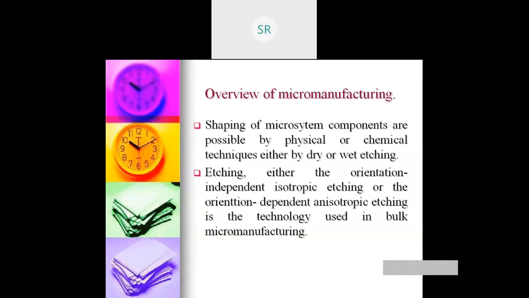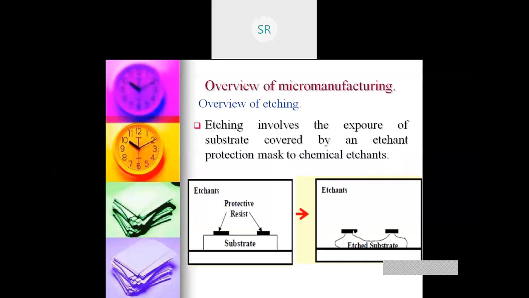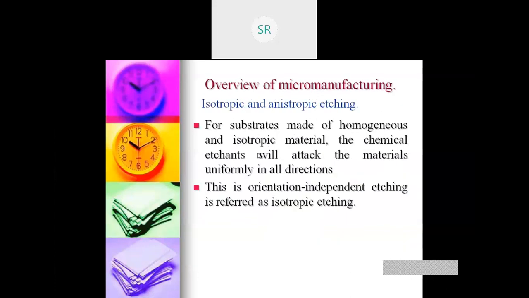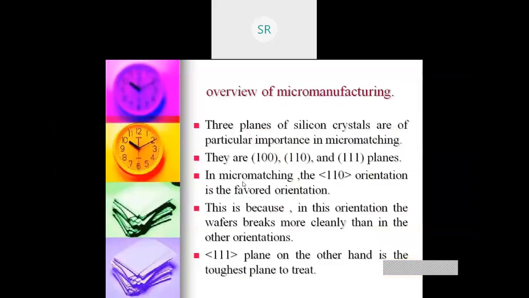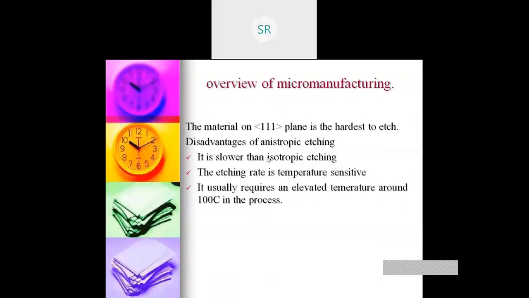You can mention what a homogeneous material, isotropic and anisotropic material is. After that, the example of etching. Then the three planes, and among them the 110 plane is preferable and the 111 plane is the hardest. And what are the disadvantages of anisotropic etching?